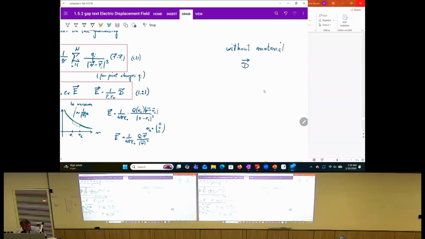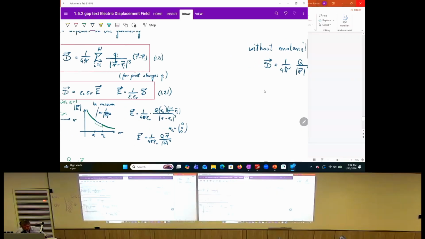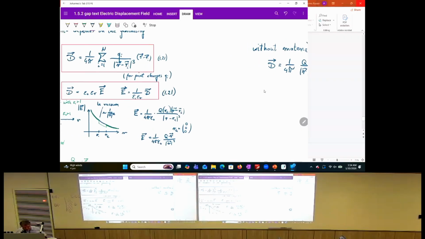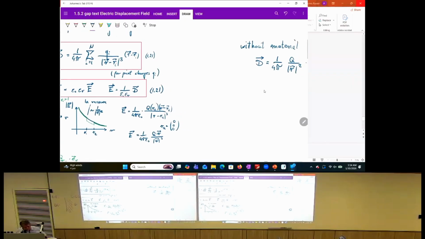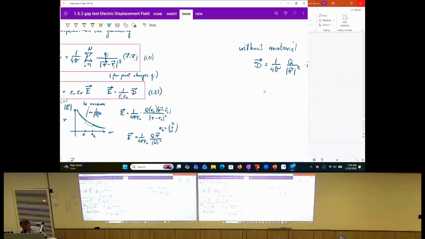Without material, the displacement field is 1 over 4 pi q over r squared, and here the unit vector e_r. Yeah, this follows directly from equation 1.2.1. And how is it in the presence of material? What is the displacement field then?